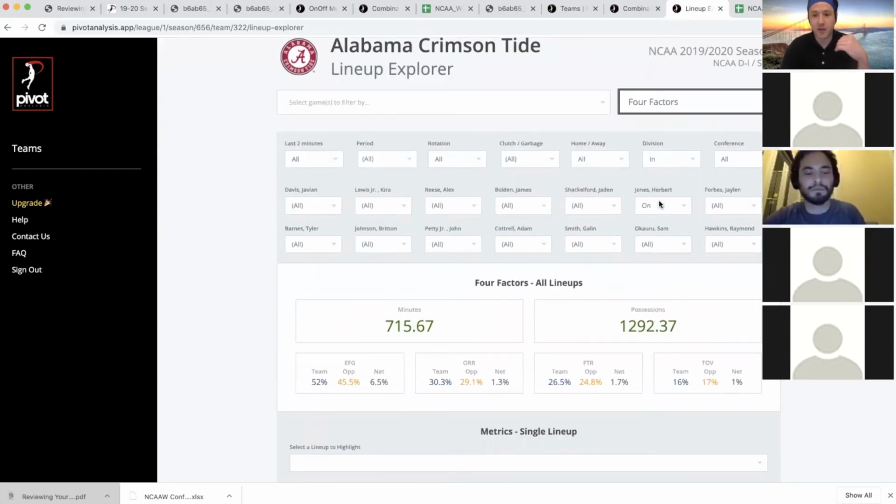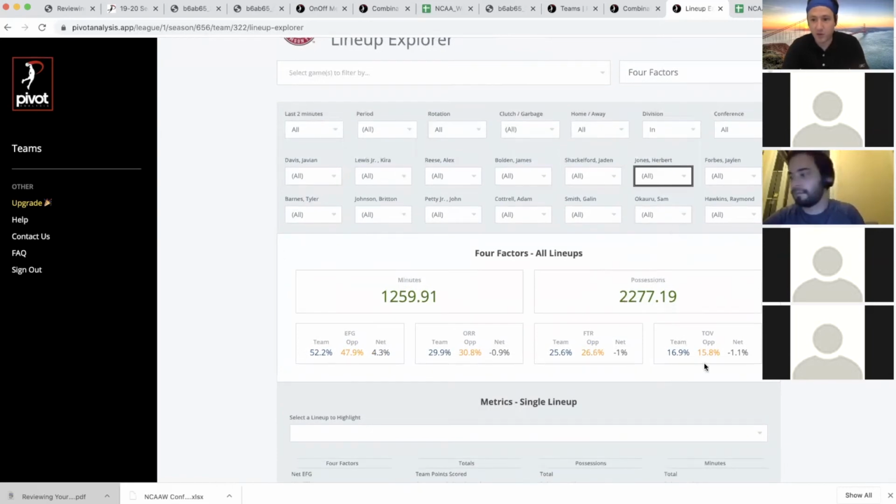So drilling into this, we can start to see where his impact is specifically. So overall, Alabama was a net negative in free throw rate, TOV, ORR, and +4 in EFG. But when he's on the floor, the EFG jumped up to 6, and they're positive in all the other 4 factors. And so you see it's about a 2% swing on offense and defense in each of the 4 factors. So there are these marginal impacts that he's having.